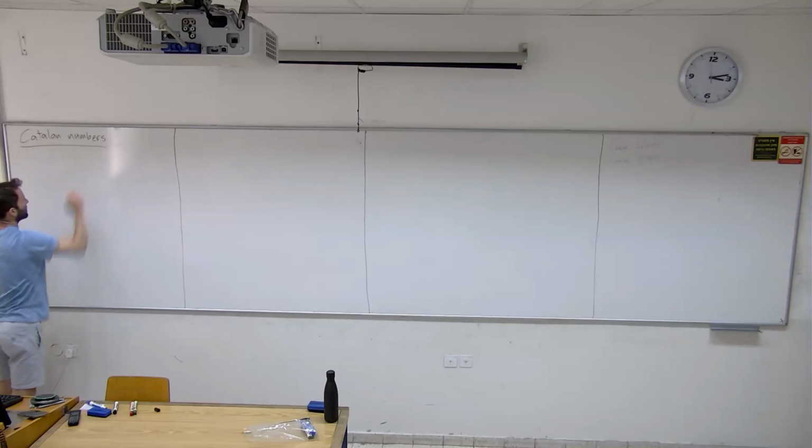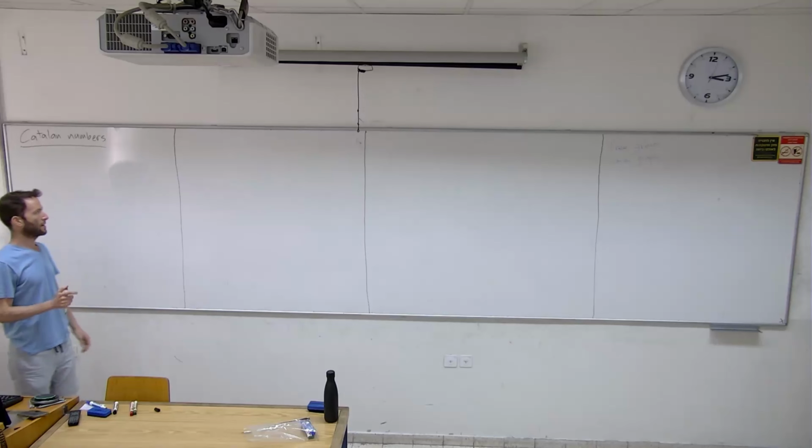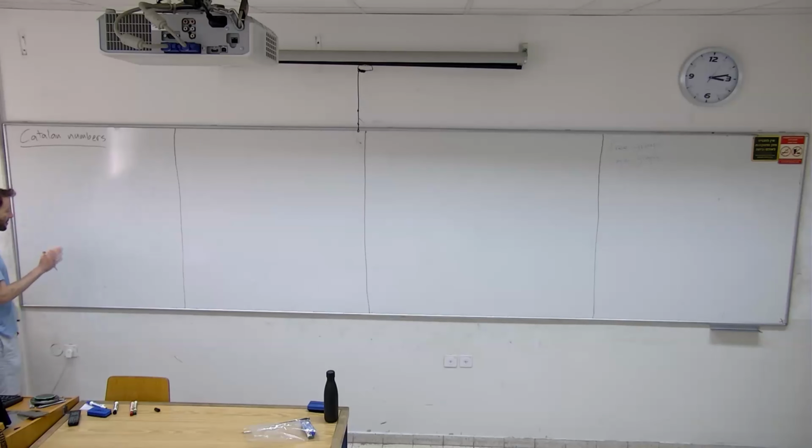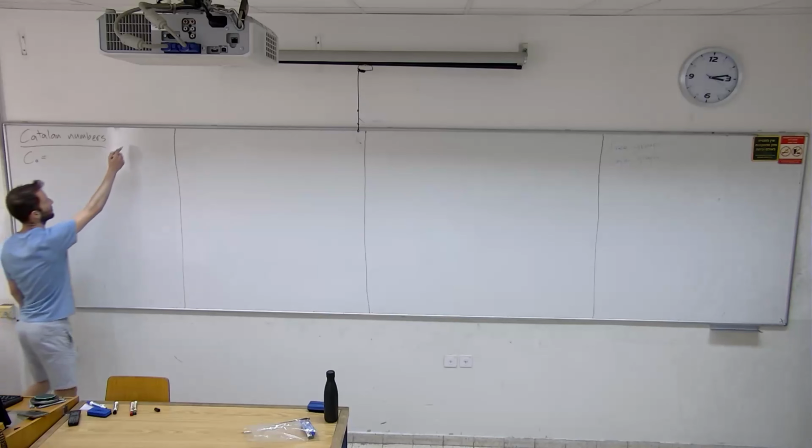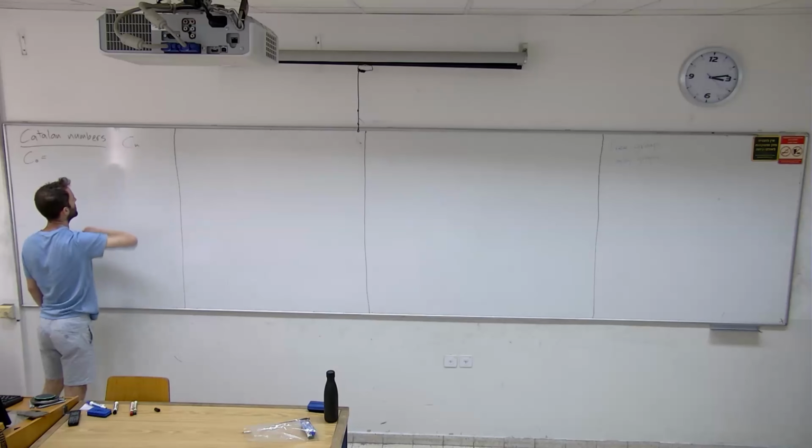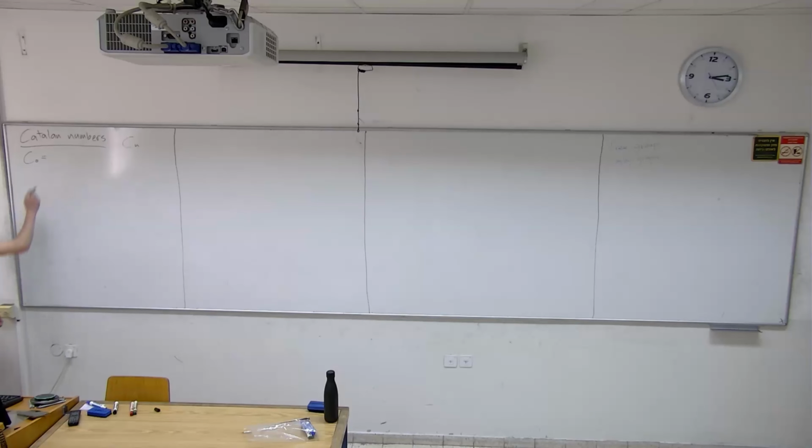So the Catalan numbers can be defined in a few ways. I will choose the recursive way first because this will be more useful to us. They are defined as the following recursive sequence. I denote them by Cn, Catalan numbers, and we have C0 equals C1 equals 1.